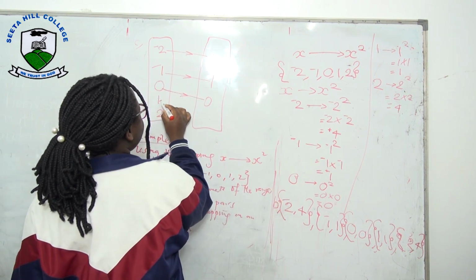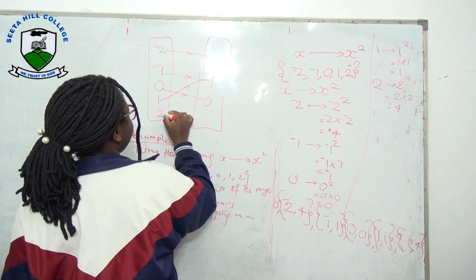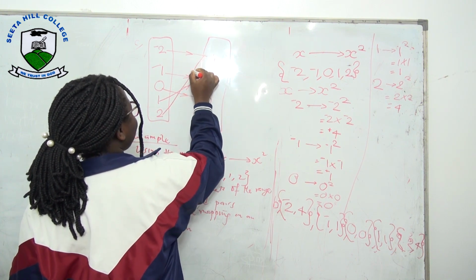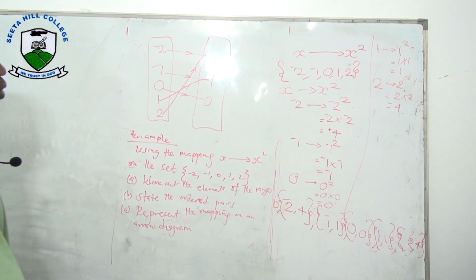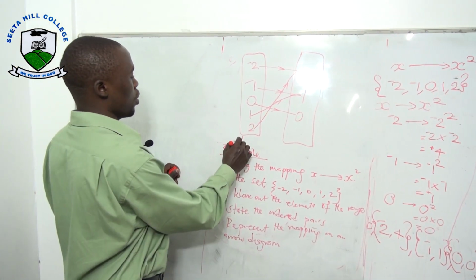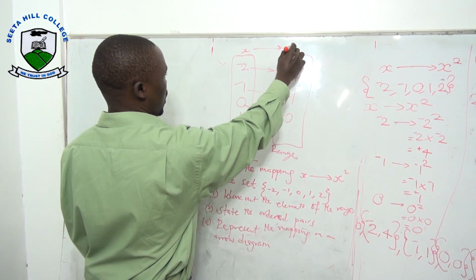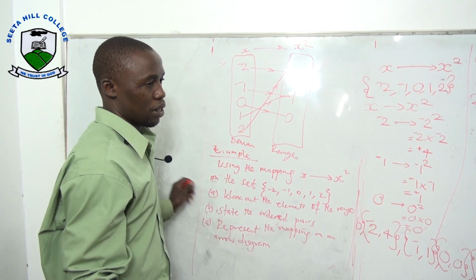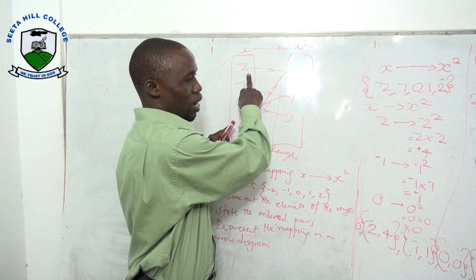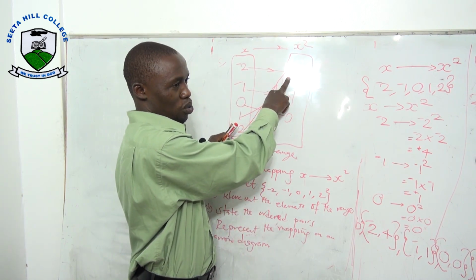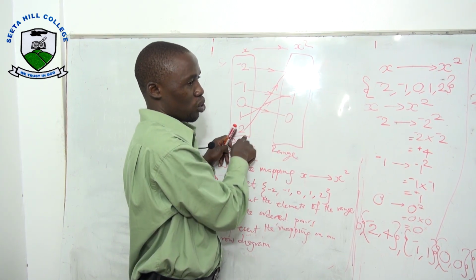Then +1 with the very same one, and +2 with this 4. That's very wonderful. This is the domain. This is the range. x gave us x squared. Now I hope you have seen that in one set, -2 goes to 4 as well as 2 goes to 4.